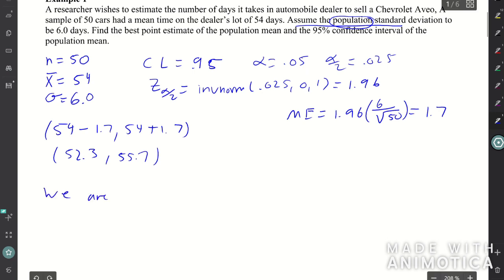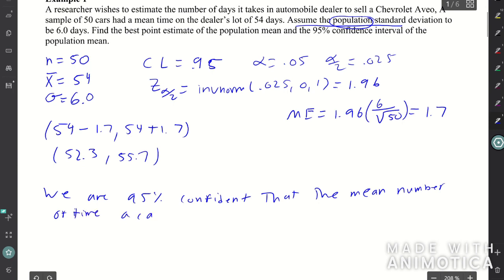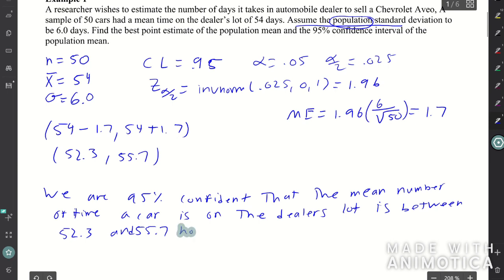So in this case, we are 95% confident that the mean number of time a car is on the dealer's lot is between 52.3 and 55.7 days.